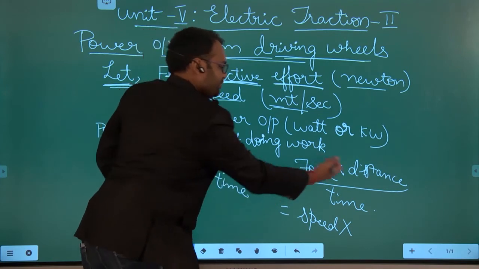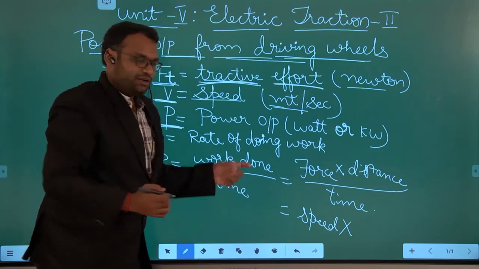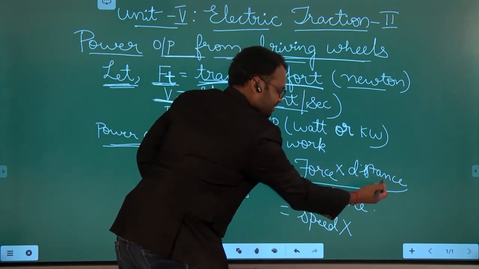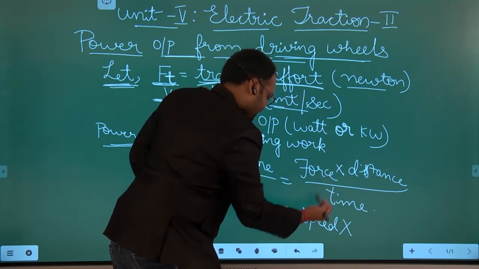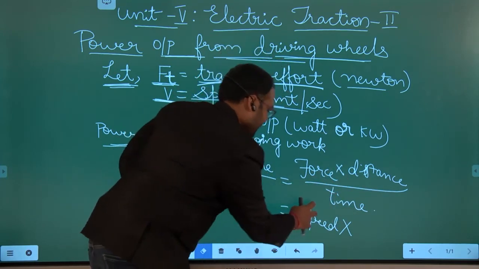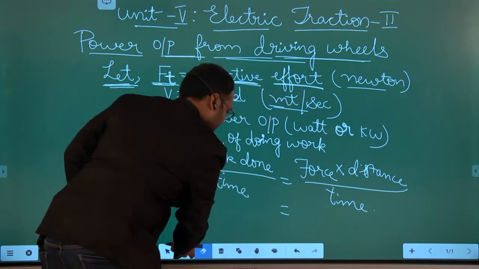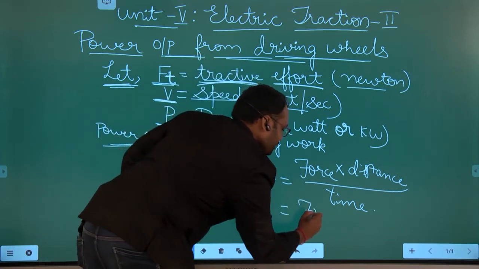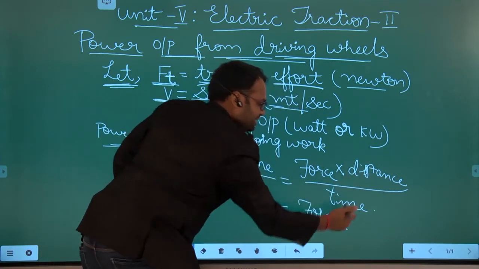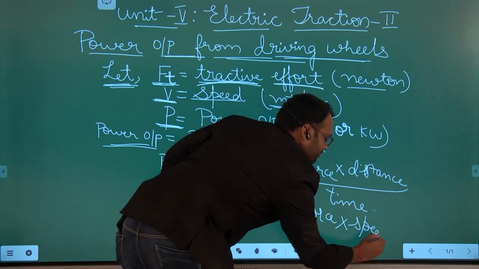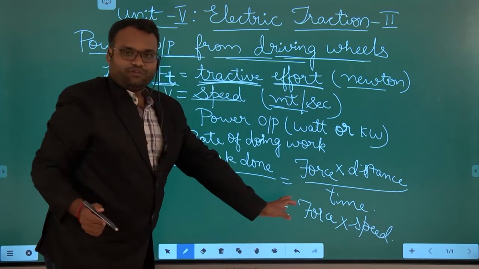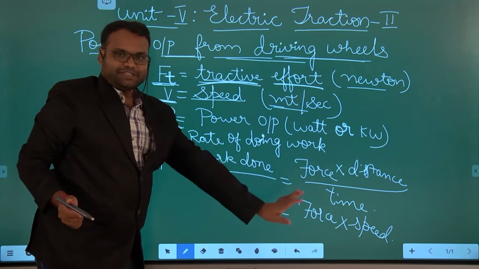Force into distance is nothing but work done. So the power is work done, that is force into distance, by time. Now we can represent it as force multiplied by distance by time, and distance by time is speed.